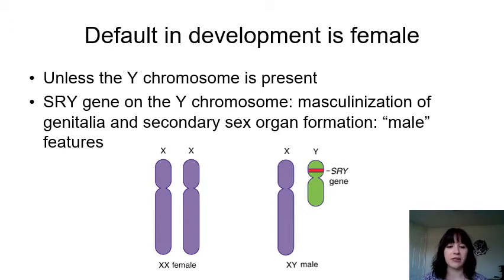If you're a female, you don't have that gene at all, and again, the default is female. This SRY gene is responsible for masculinization: genitalia, secondary organ formation, all the male features.